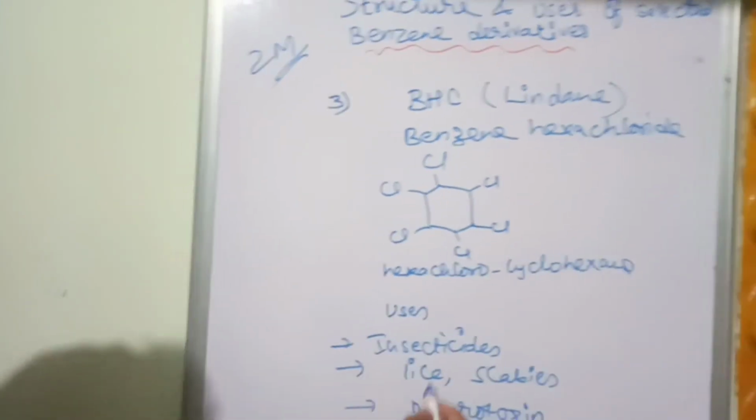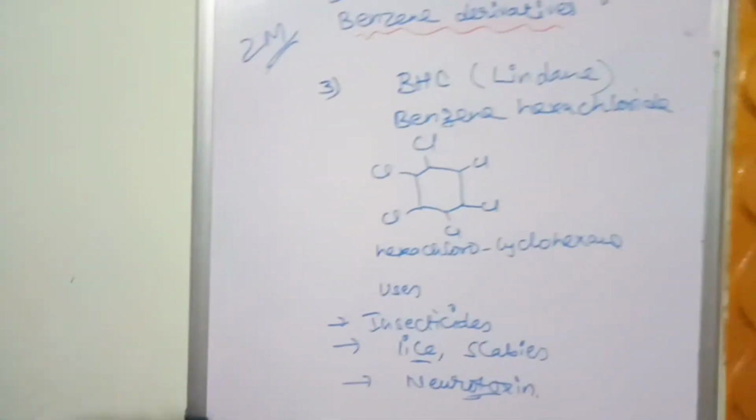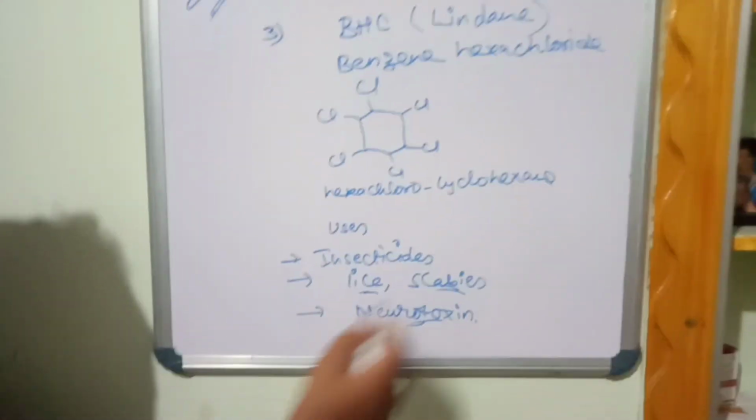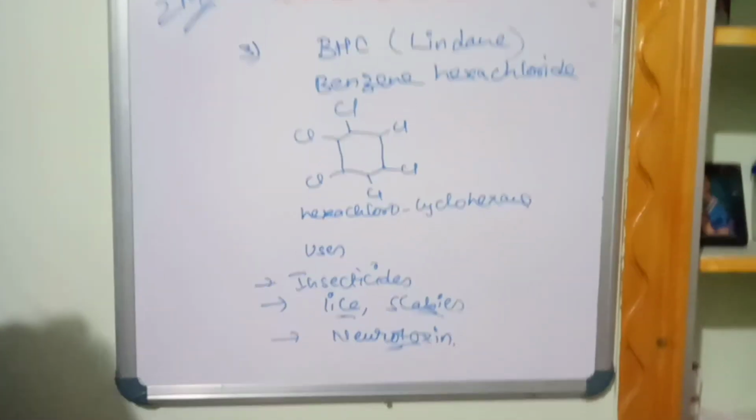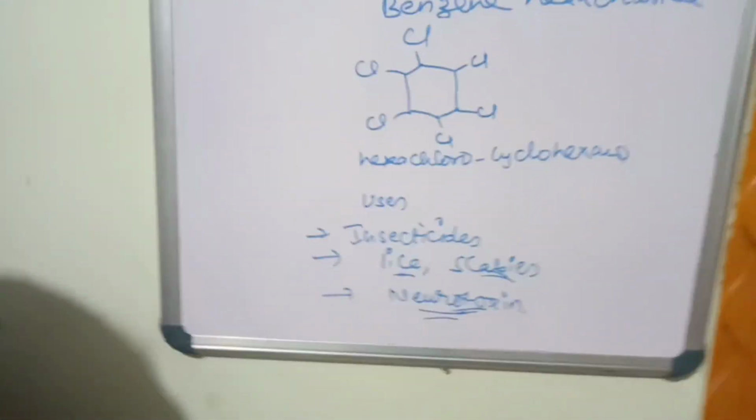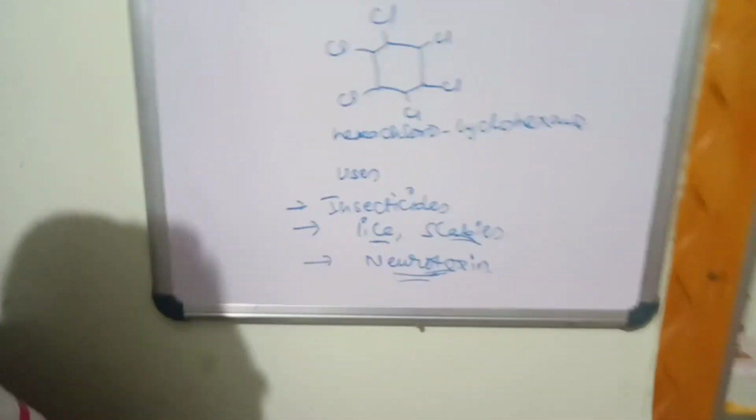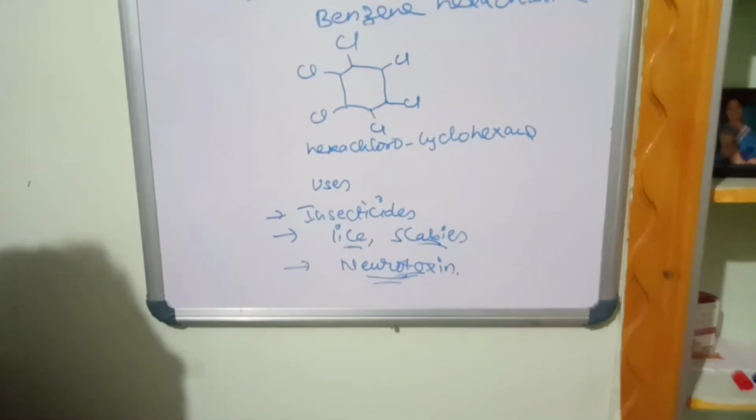We should not consume. It is used for the treatment of lice, scabies, itching or any skin related things. They have been employed, but if it goes to the central nervous system, it causes neurotoxin, means brain will get toxified, and also it will affect various organs like liver and kidneys.